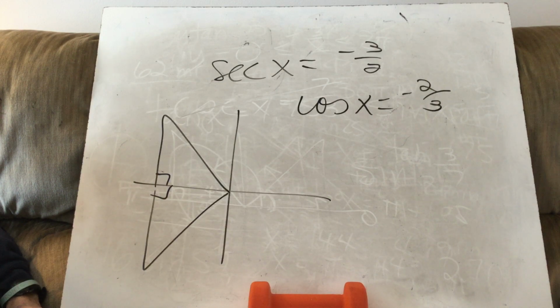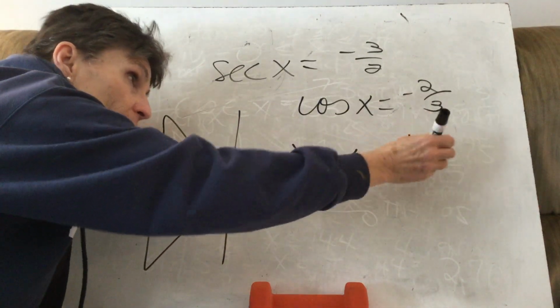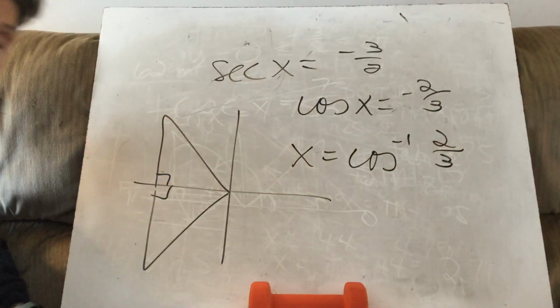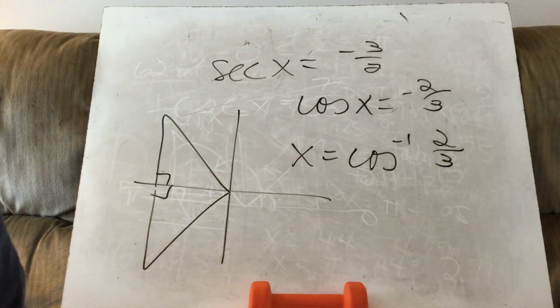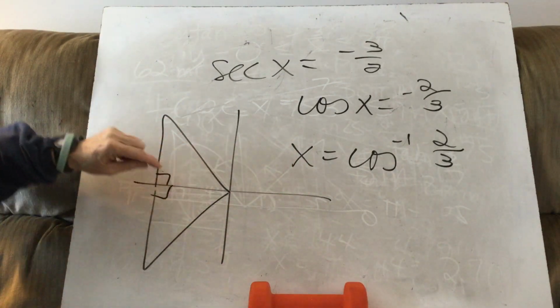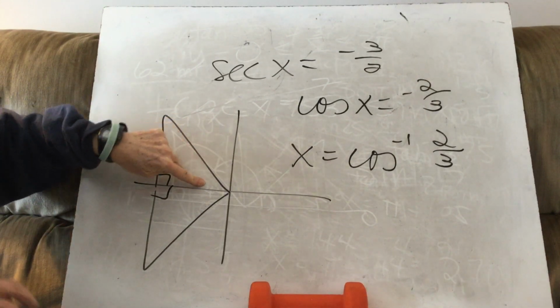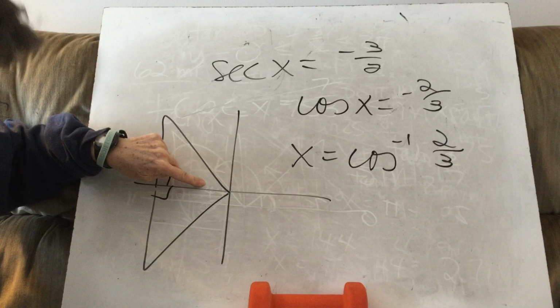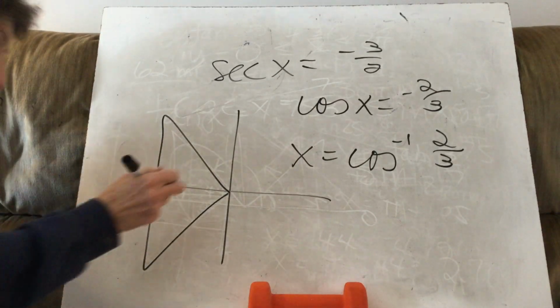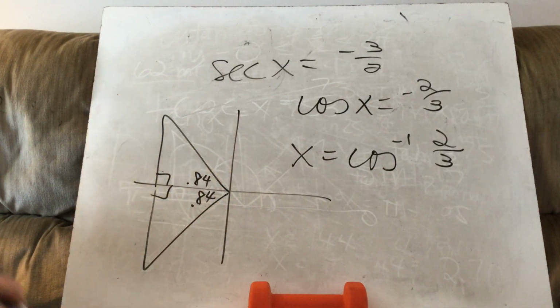Now, I'm going to go to my calculator, and I'm going to press second cosine, but I'm not going to put the negative in because I already took care of the negative by drawing it over here, and I really just want to know what that angle is, the reference angle. So I'm going to type second cosine 2 divided by 3, and I get 0.84.